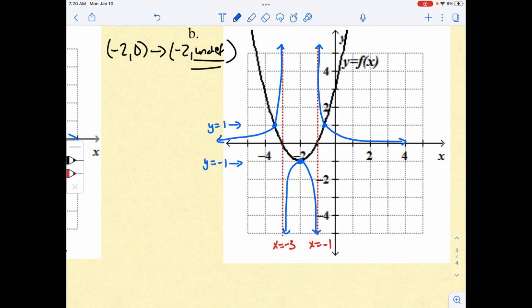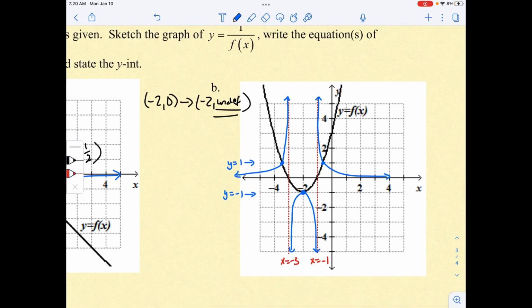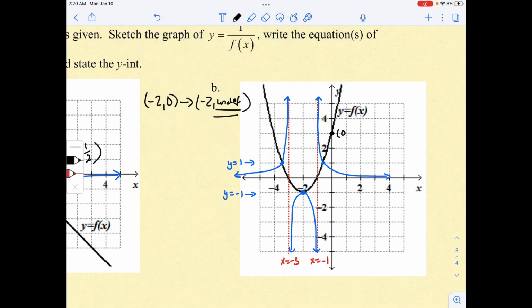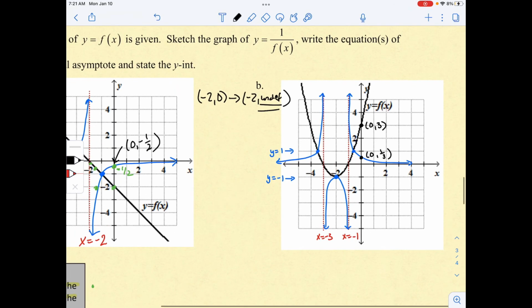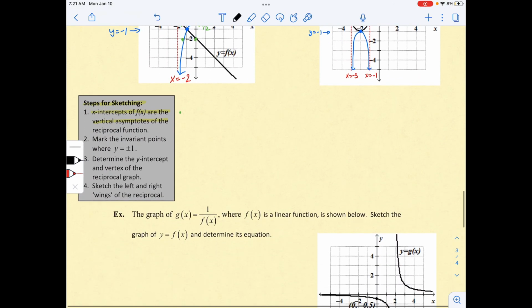The last thing is we need to find that y-intercept. Up here it was (0, 3), and so of course (0, 3) is going to become (0, 1/3). There's our new y-intercept for our reciprocal function.